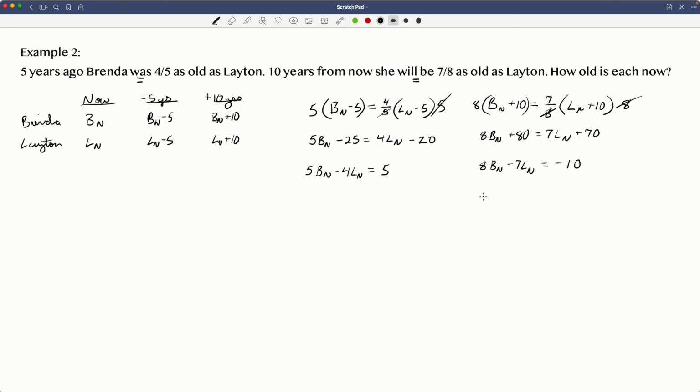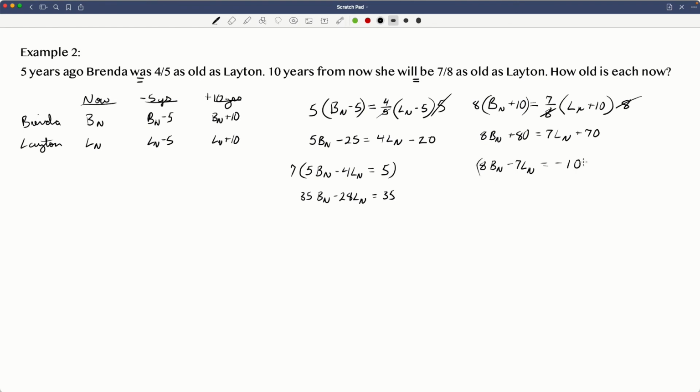Now all I need to do is multiply both of these by a coefficient that will give us some elimination. So I'm going to use the LN. So I'm going to say this times a positive 7. That's going to give me 35BN minus 28LN equals 35.